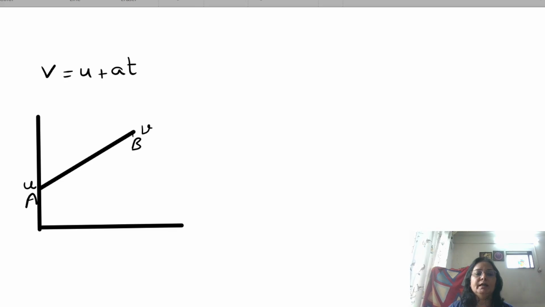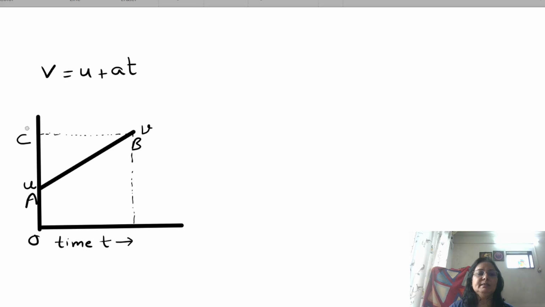Now let's draw a line parallel to the y-axis. Now this x-axis is time t. Origin is O. And let's draw a line parallel to the x-axis from point v. Let that point be C.